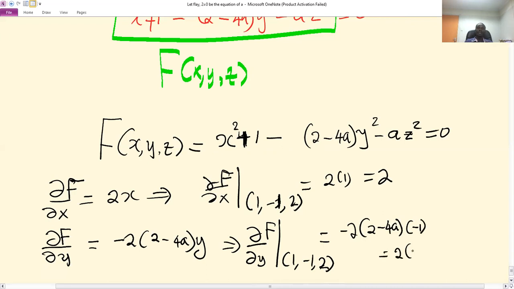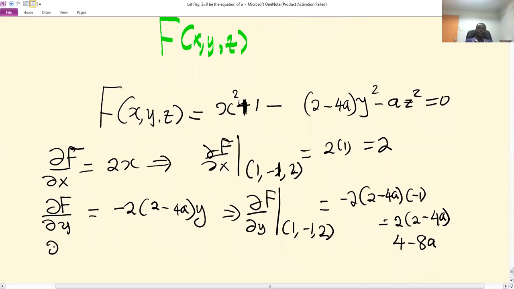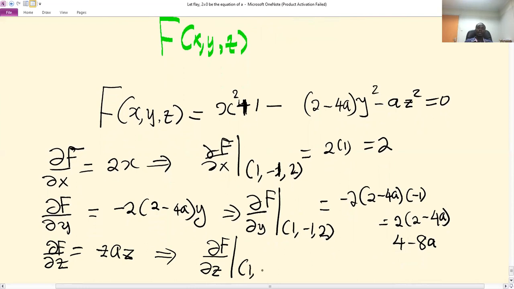This gives us 2 into 2 minus 4a, which is 4 minus 8a. And then partial capital F, partial z will be minus 2az, which means the value of partial F, partial z at 1, minus 1, 2 is minus 2a times 2, which is minus 4a.